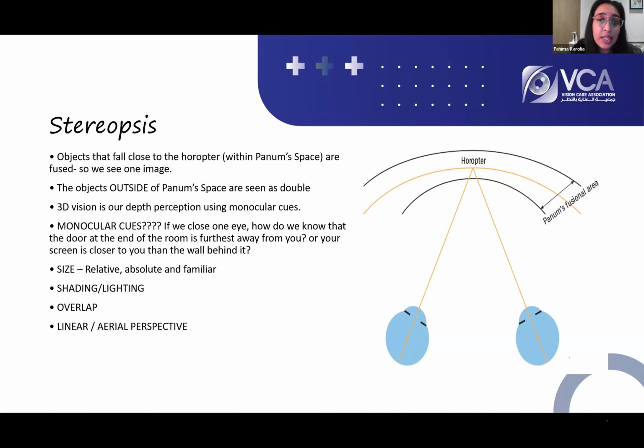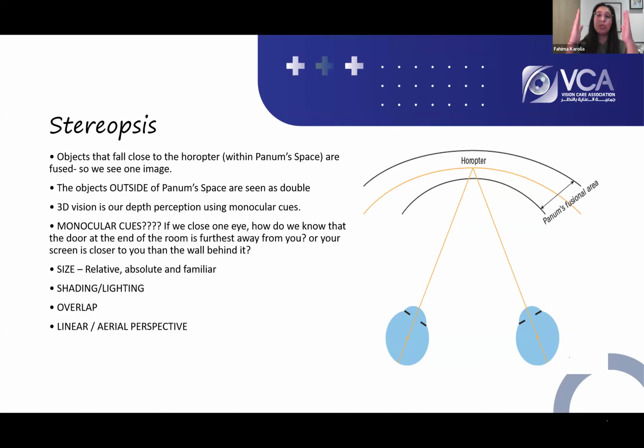What we see, which is single, because of this, we know that things are nearer or further away from us, because we also use something called monocular cues. What are monocular cues? I'm telling you right now that you need two eyes to see 3D.